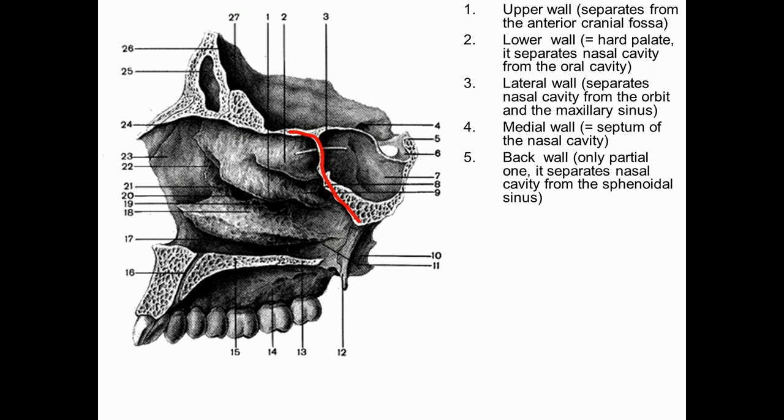We can say that the back wall is only partial. We can find it only in the superior part of the nasal cavity, and it separates the nasal cavity from the sphenoidal sinus, sinus sphenoidalis. Here it is, sinus sphenoidalis, and this pointer demonstrates how we can enter the sinus from the nasal cavity.